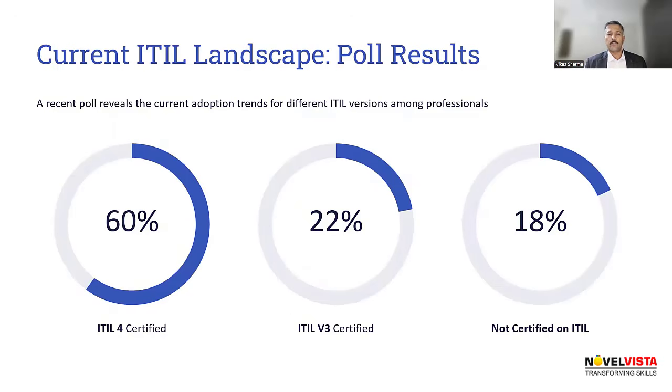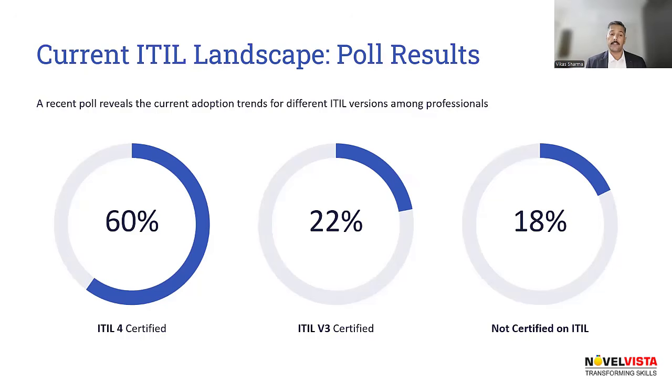We conducted a small poll to see how many people are certified on ITIL version 4, how many are still on ITIL version 3, and how many are not yet certified on any of the versions.